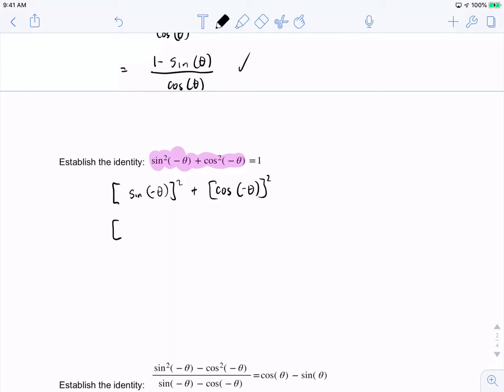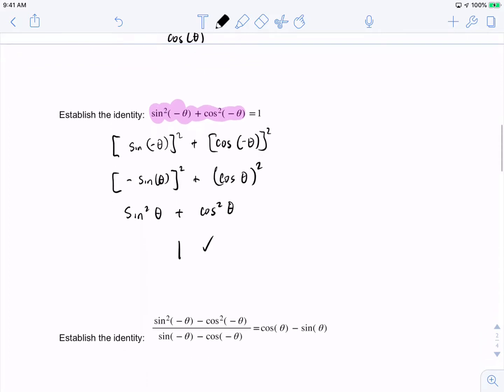The identity tells me this is an odd function. So it's going to be negative sine theta squared plus cosine theta squared. When I square both, the negative will drop, and I get sine squared plus cosine squared, which we know is in fact 1. And so we've solved that problem.